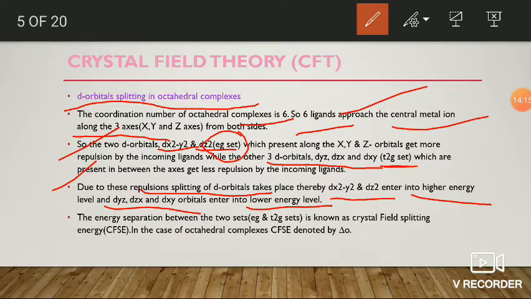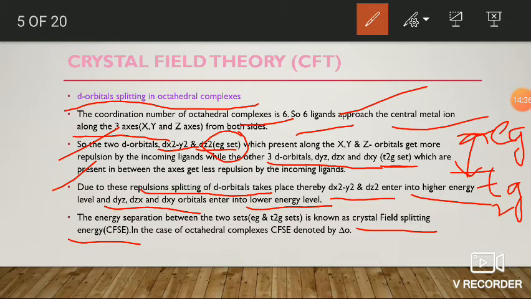Here they enter into different energy levels. Generally, the EG set is the higher energy level, and the T2G generally the lower energy.